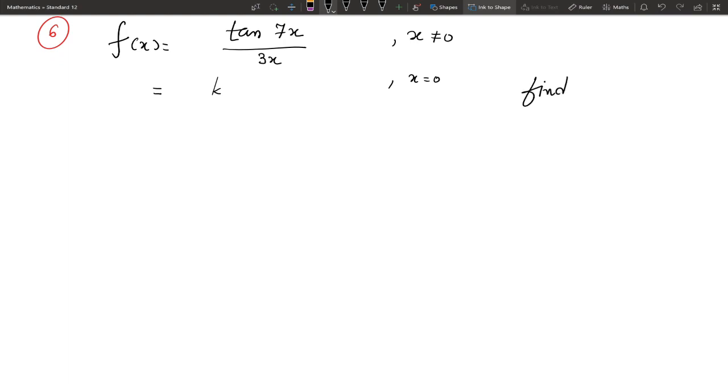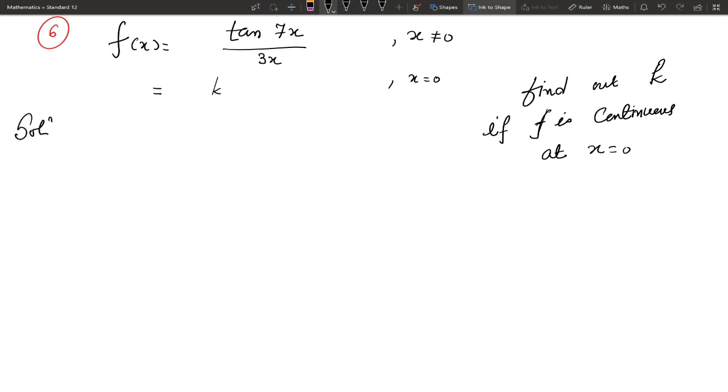Find out k if f is continuous at x equal to 0.